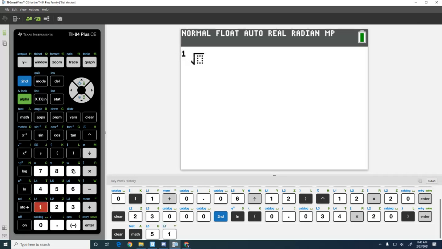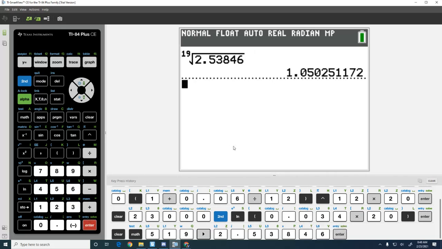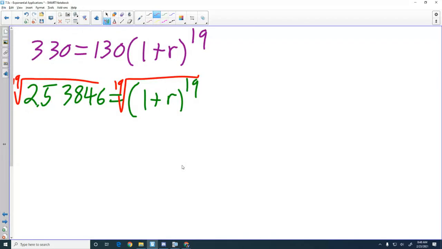If you hit it, it'll either give you that exponent there, or the index, I mean. You could type in 19 root of 2.53846. 1.05 we get, equals 1 plus r.